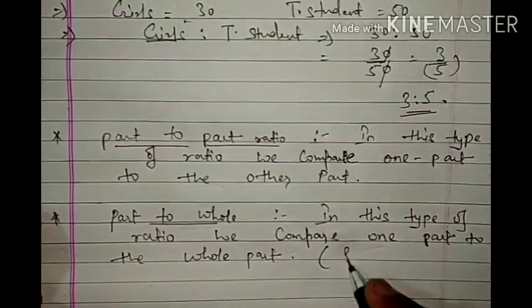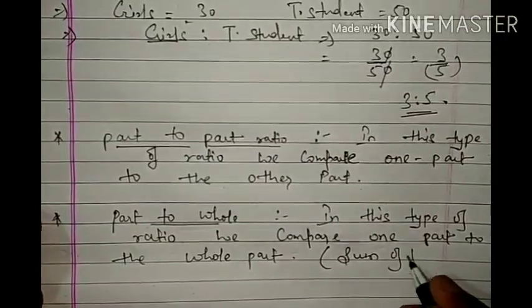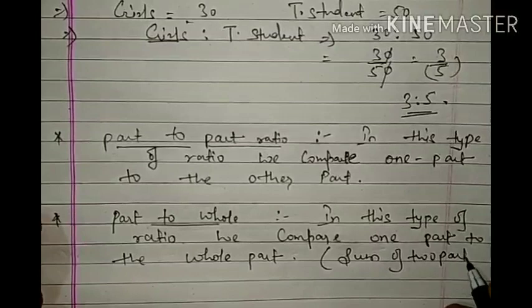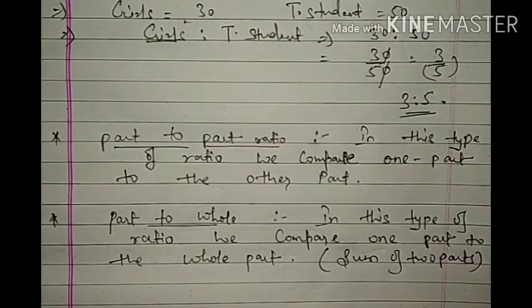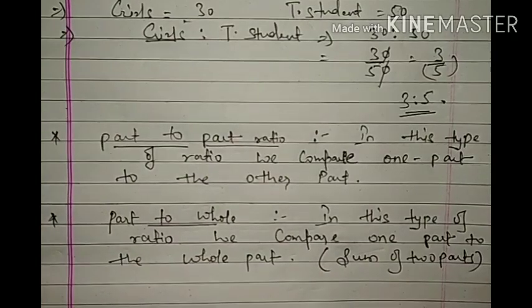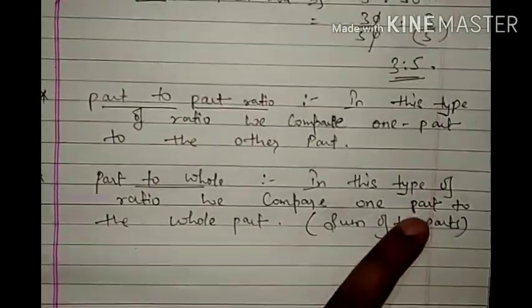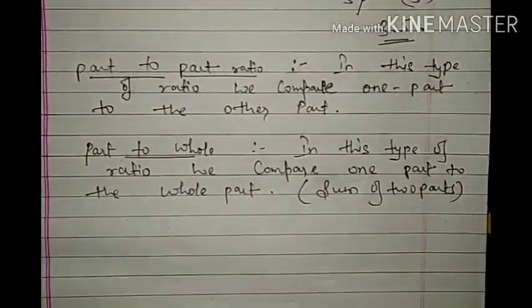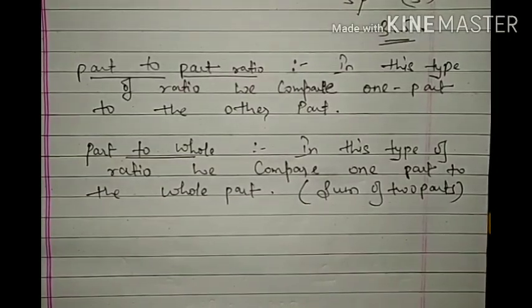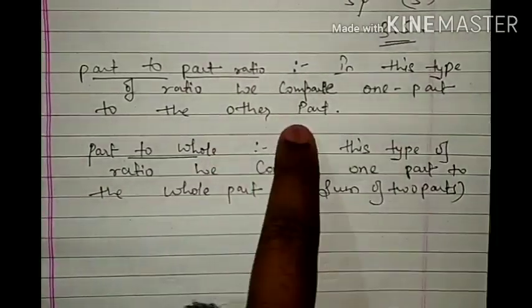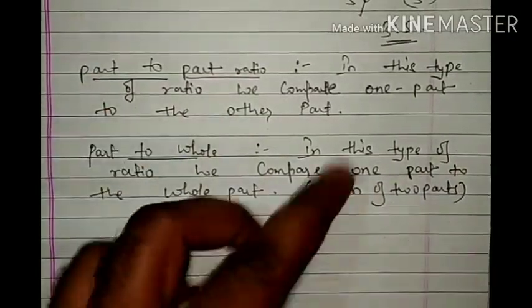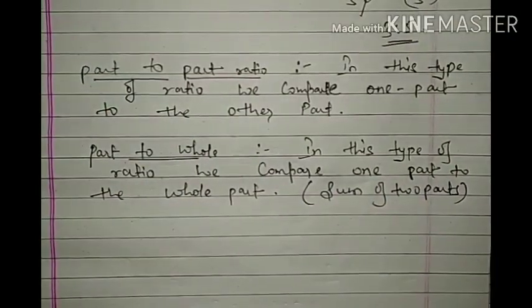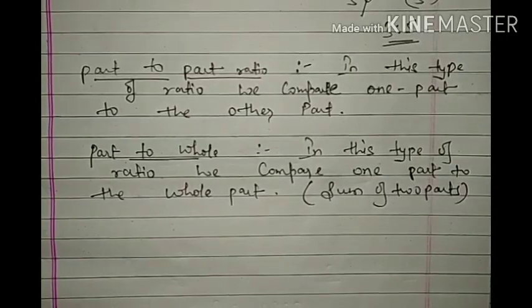Whole part, that is the sum of two parts. Whole means complete, and how will we get the complete? By the addition of both parts. So there are two types of ratios which we have discussed so far, part to part and part to whole. In part to part, we compare one part to the other part, and in part to whole we compare one part to the whole, that is the sum of two parts. I hope it is clear to everyone.